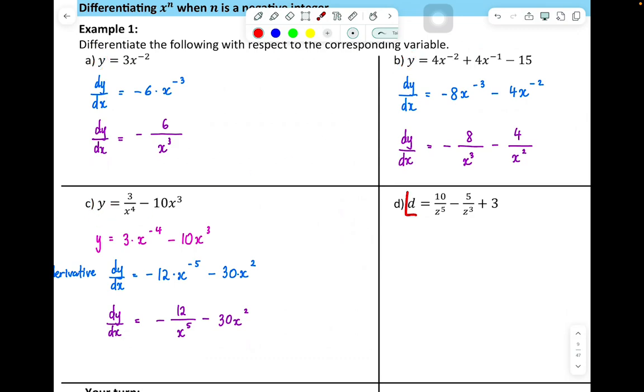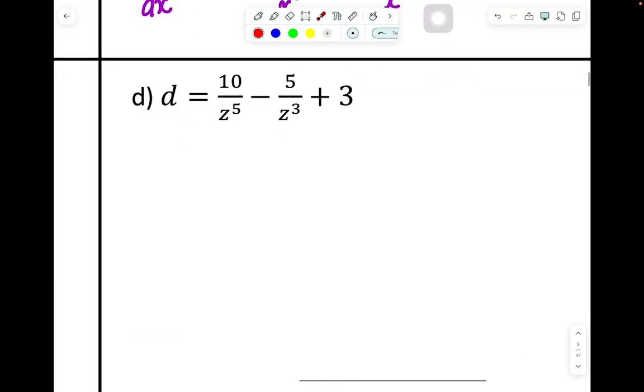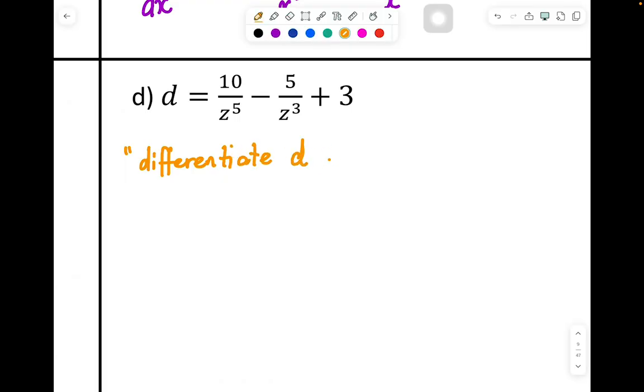But next we have d. So we are differentiating d with respect to z. So perhaps I'll write that down. Differentiate d with respect to z.